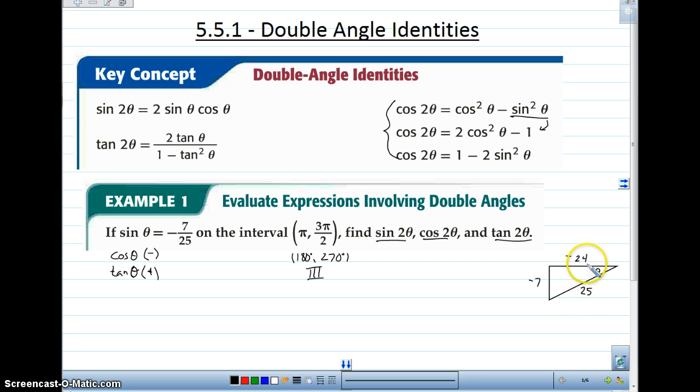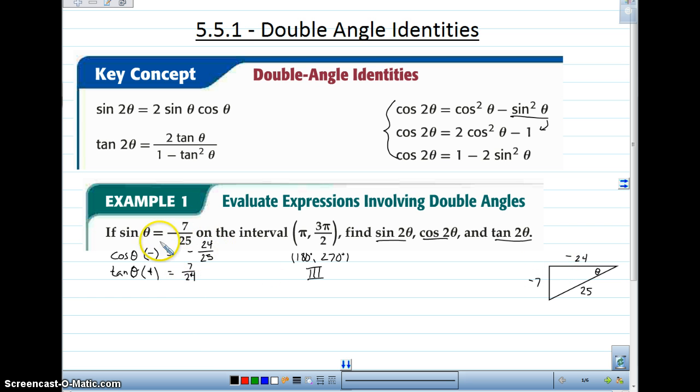So now when I find the cosine of theta, it's going to be negative. It should be the adjacent side over the hypotenuse. That's going to be negative 24 over 25. And the tangent of theta should be positive, which will be opposite over adjacent. That's 7 over 24, right? The negative over the negative makes it positive.